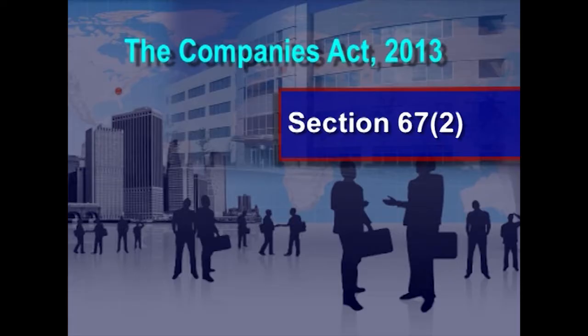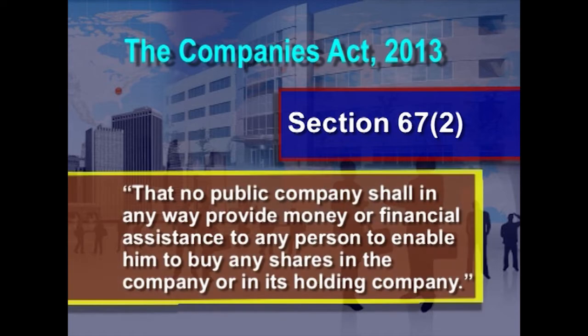According to section 67, subsection 2 of the Act, no public company shall in any way provide money or financial assistance to any person to enable him to buy any shares in the company or in its holding company.